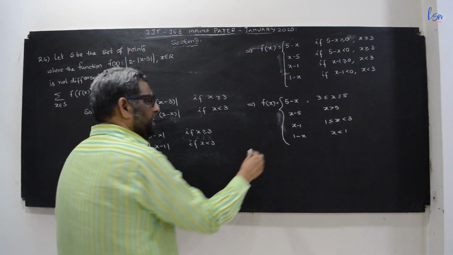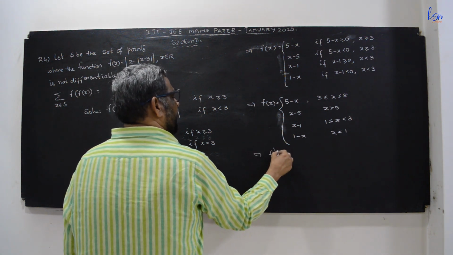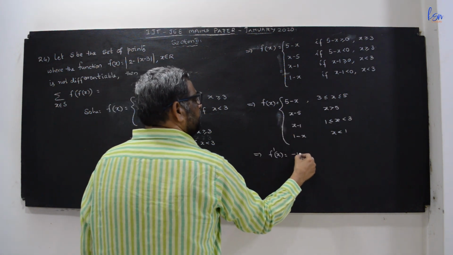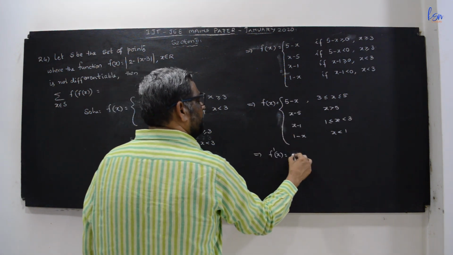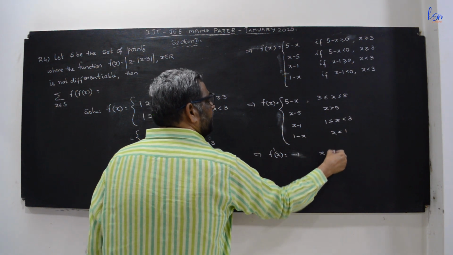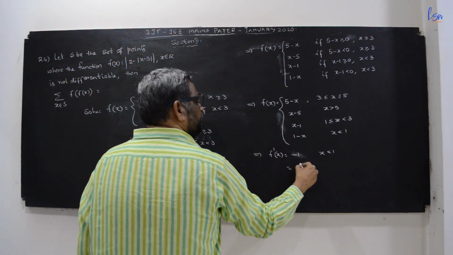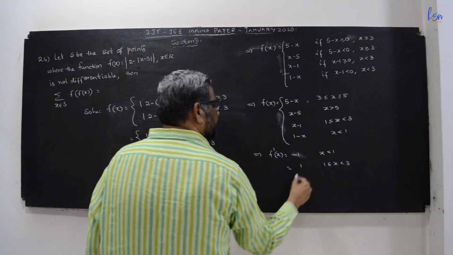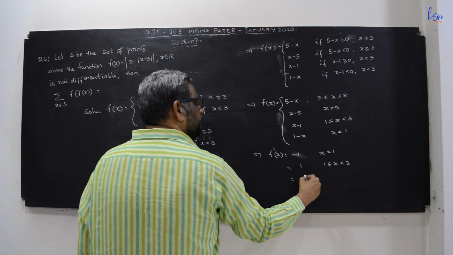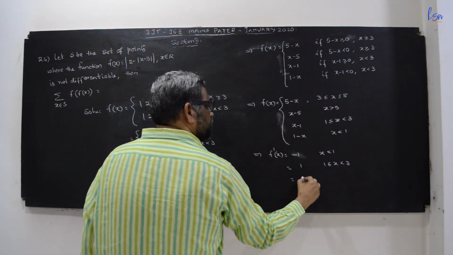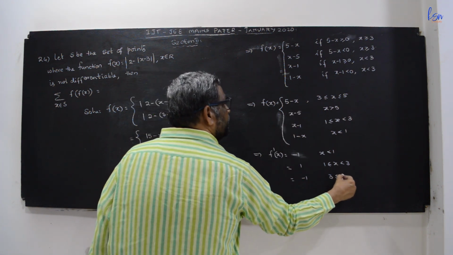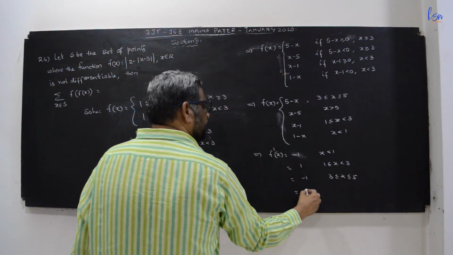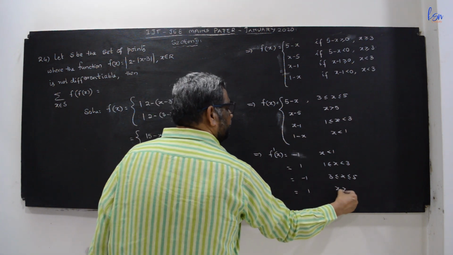Now you can find out the derivative also. F dash x: the derivative of this is minus 1 for x less than 1, and this is 1 for 1 less than or equal to x less than 3, and this is minus 1 for 3 less than or equal to x less than or equal to 5, and this is 1 for x greater than 5.